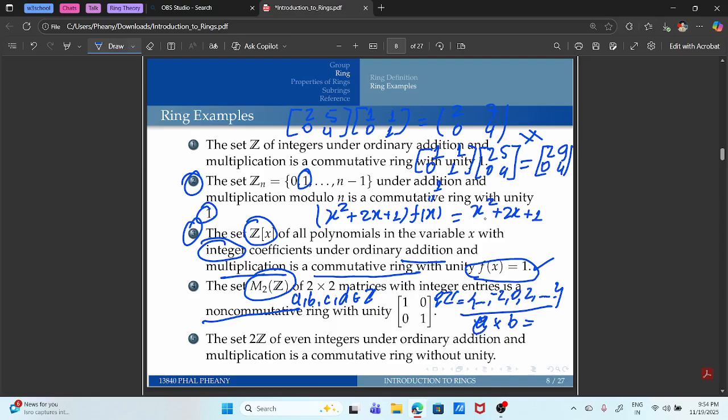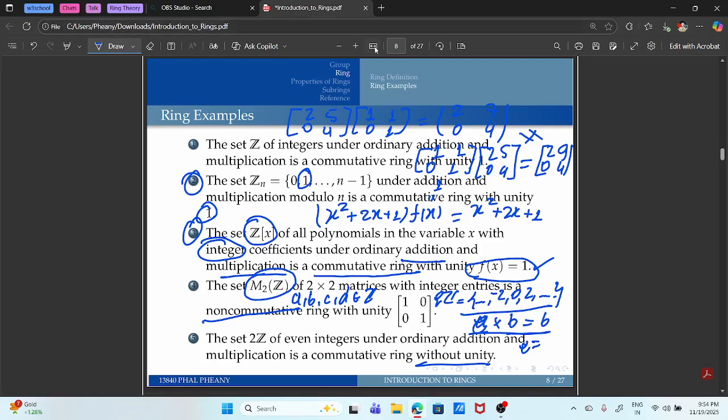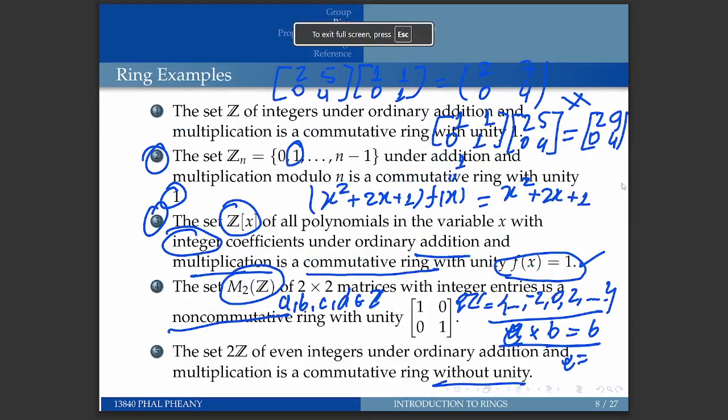We cannot find any element of 2Z that multiplied with another element of 2Z remains the same as that element. So we can say this is without unity. Yeah, I hope you are clear about this one. Now we move to the next part.